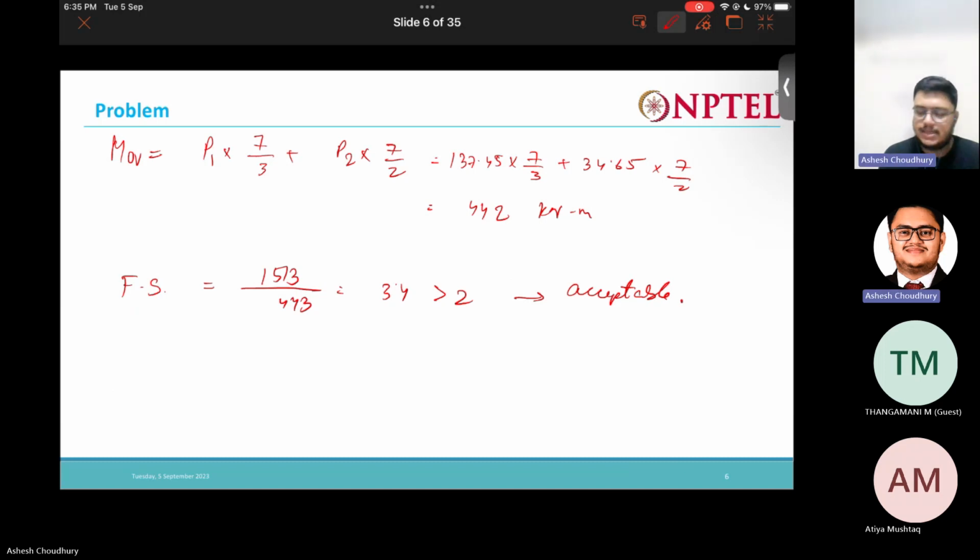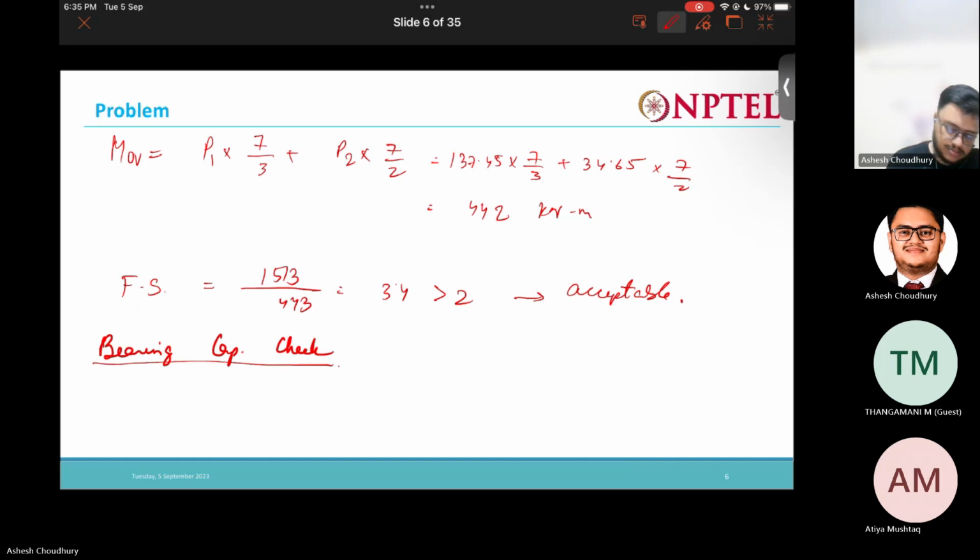Now, sliding check is done, overturning check is done. Next is the bearing capacity check. First, let us find the eccentricity.